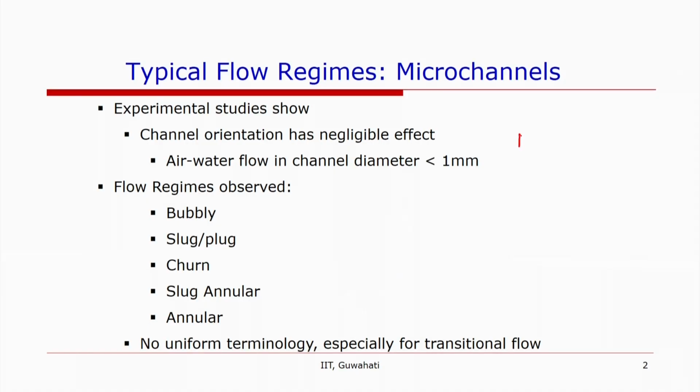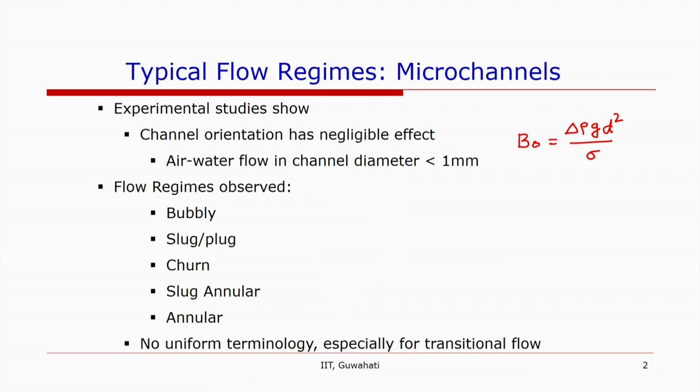So, if we look at the bond number, which gives us an idea about the things, which is delta rho g d squared over sigma.